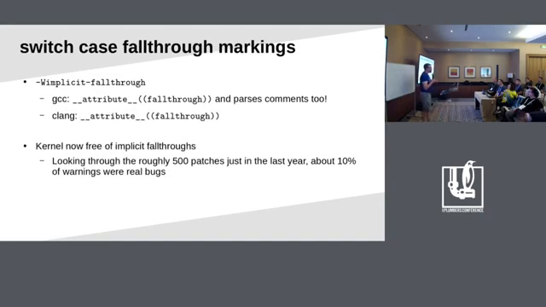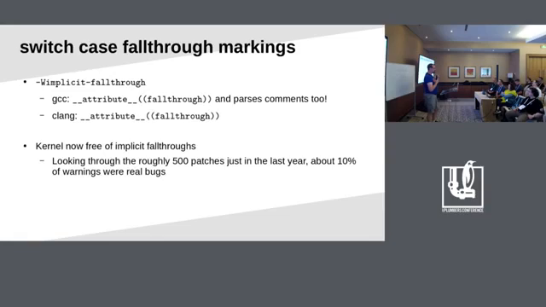One that we've been working on a whole bunch lately is the switch case fall through. So in C's switch case, you can specify break, but you don't specify fall through. You just leave out break, but that doesn't indicate if you meant to fall through or not. So implicit fall through was already in both toolchains, but Clang did not support the fall through attribute until very recently.